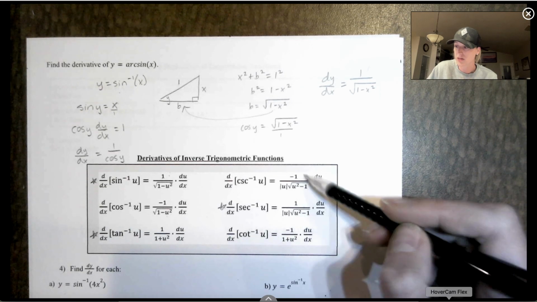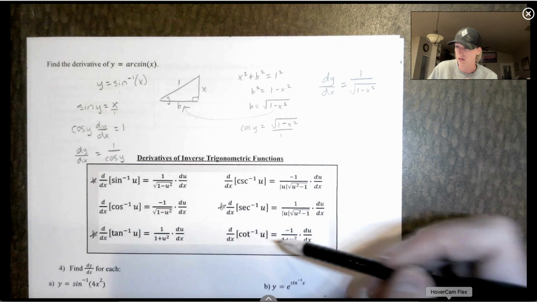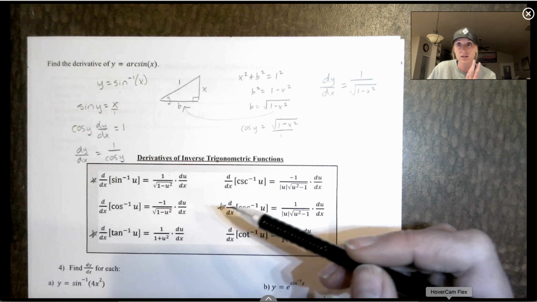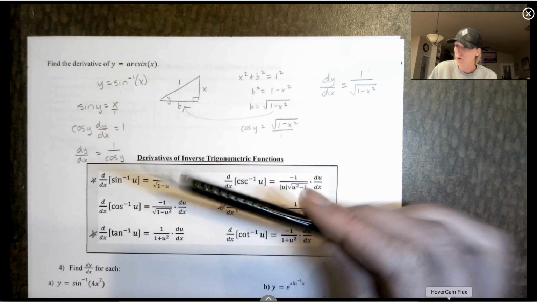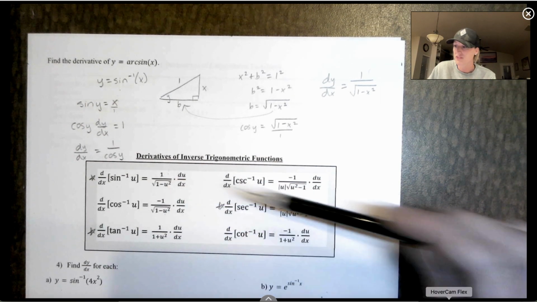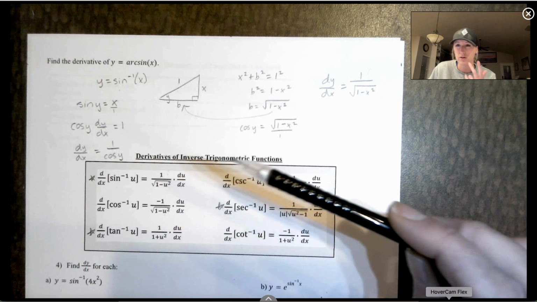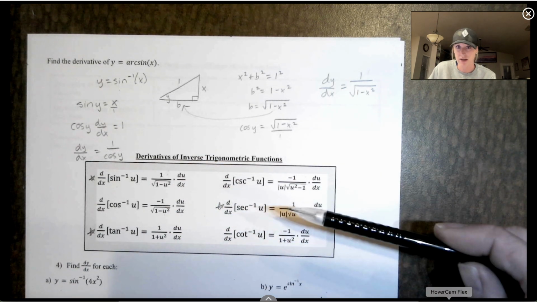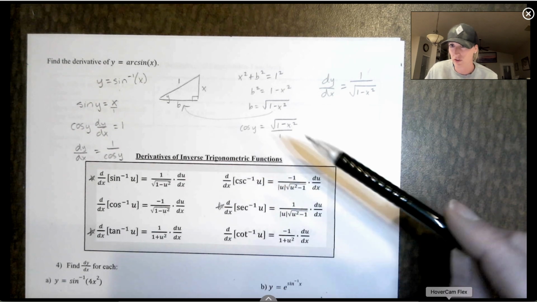Cosecant and secant are 1 and negative 1, and tangent, cotangent are 1 and negative 1. Their denominators differ a little bit. The ones you memorize are all the positive ones, and then their partner trig function is the negative of that. So you really only have to memorize 3, not all 6.